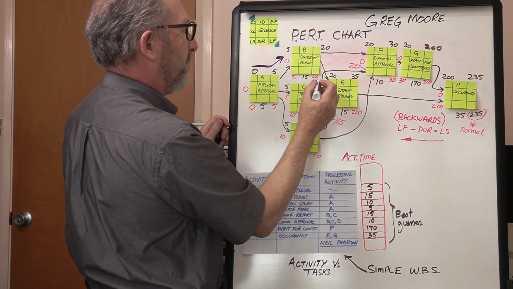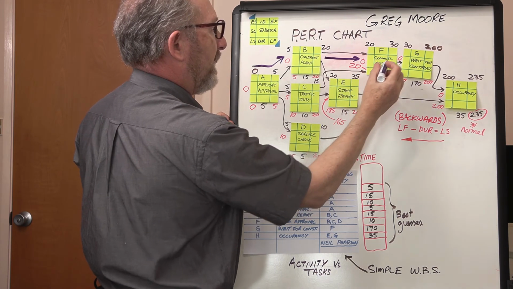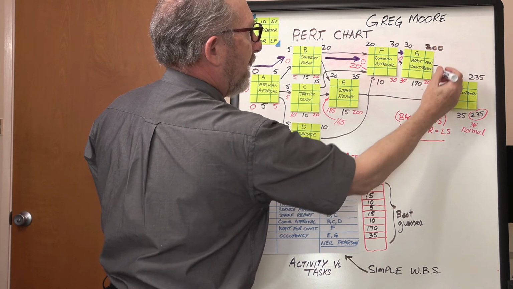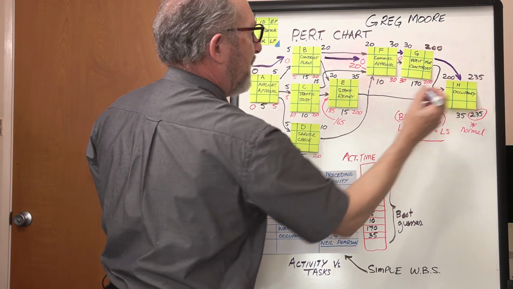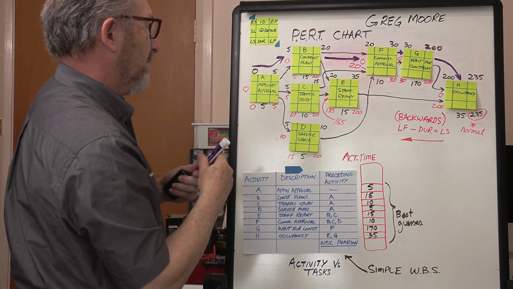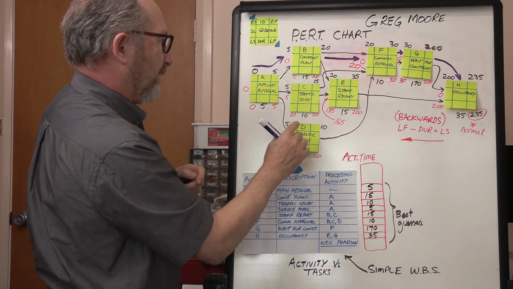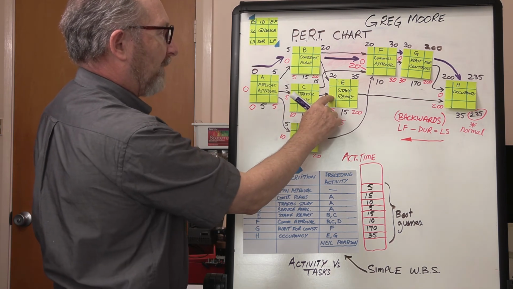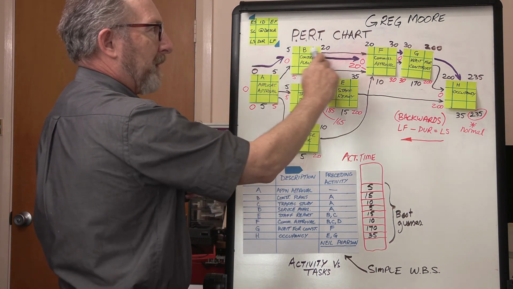through here, through here, through here, and down to there. Because we had slack time, slack time, slack time, no slack time in the other there, so this is the critical path.